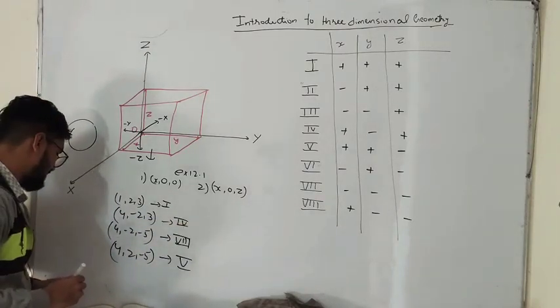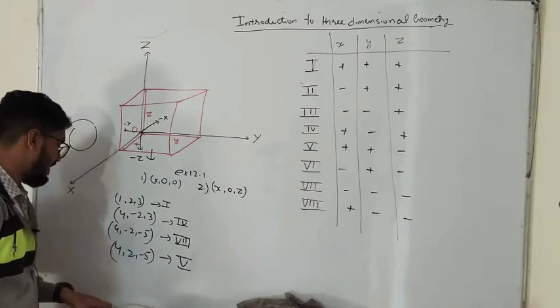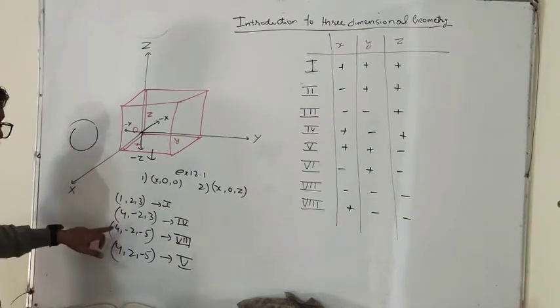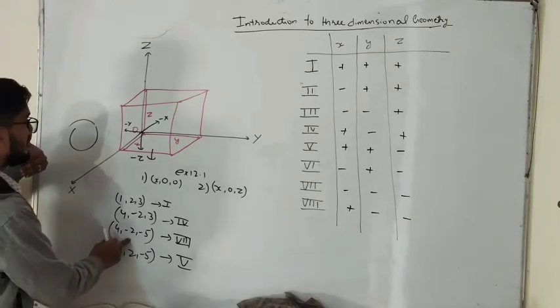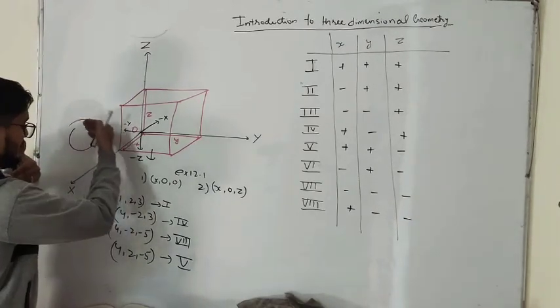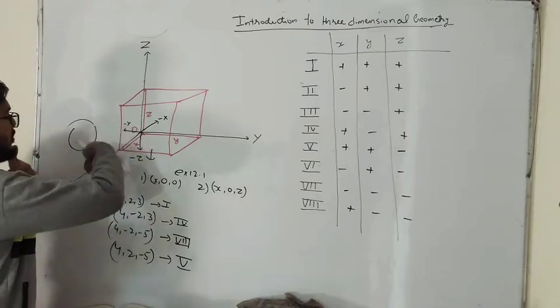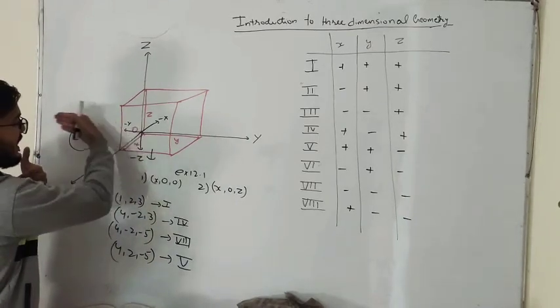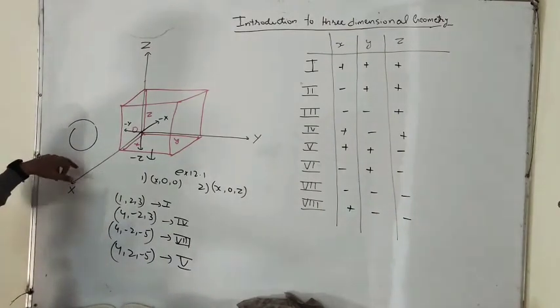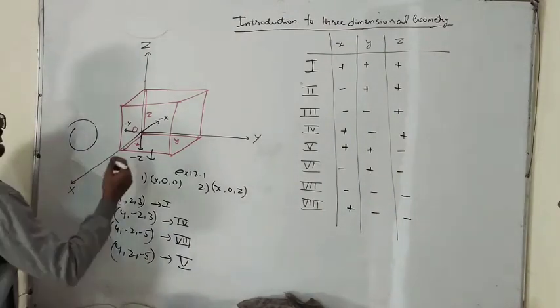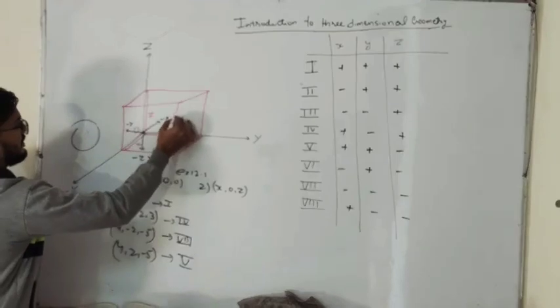Next, fill in the blanks. The x-axis and y-axis, analyze it. Positive x means in this direction it is, negative y means in this direction, and negative z means below direction. So this direction, that direction, and below direction, that octant will be 8th octant, right? This is the first octant.